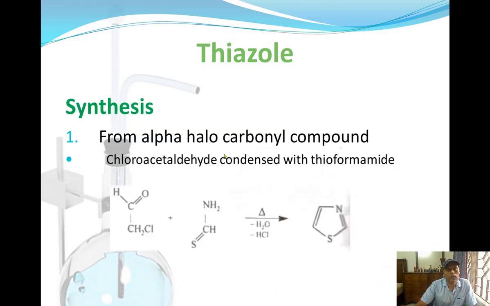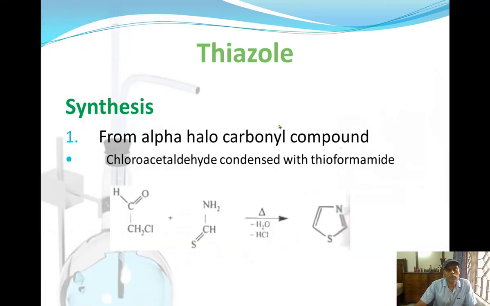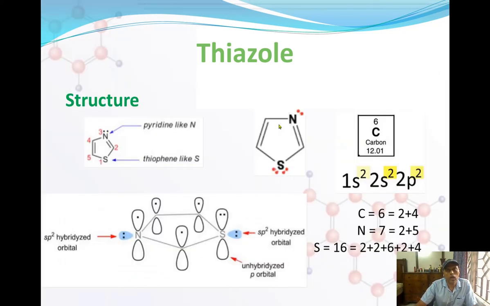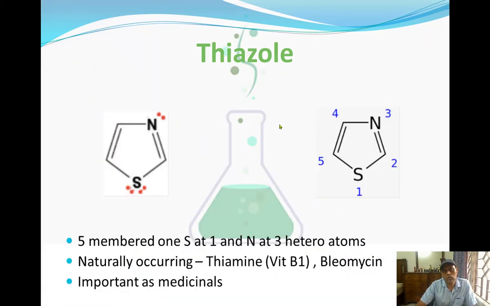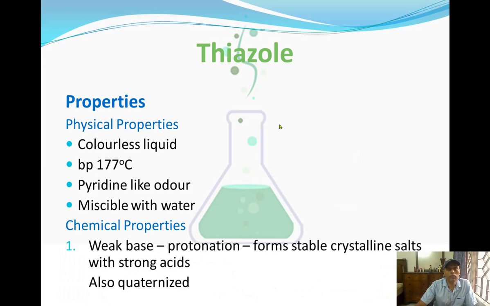That means hydrogen reacts with this nitrogen, hydrogen is going to get bonded, right? And that is going to give a quaternary amine over there. So it forms a stable crystalline salt with a strong acid.